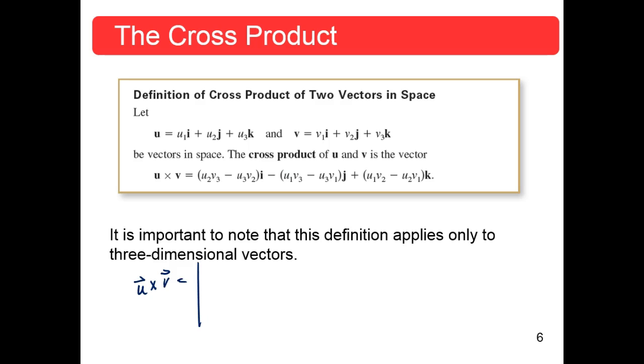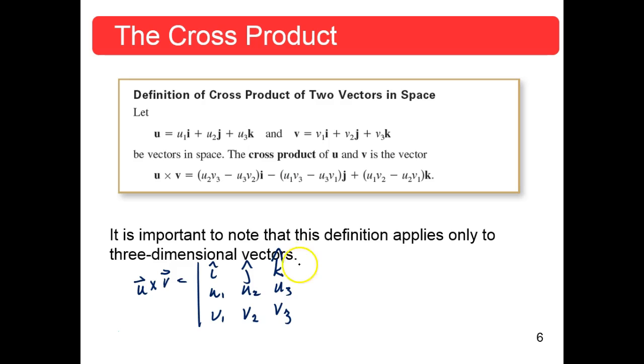This determinant is not going to be just a pure number, because the first row is always I, J, K. They're actually vectors. The second row is the first vector's components, U1, U2, U3, and the third row is the second vector's components, V1, V2, V3.